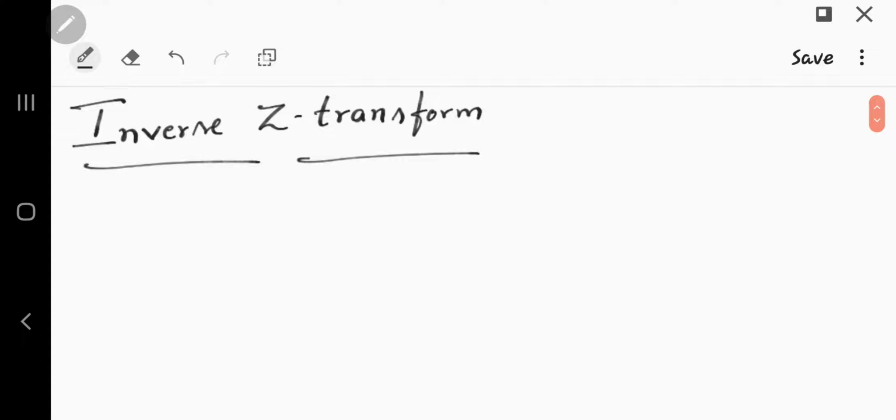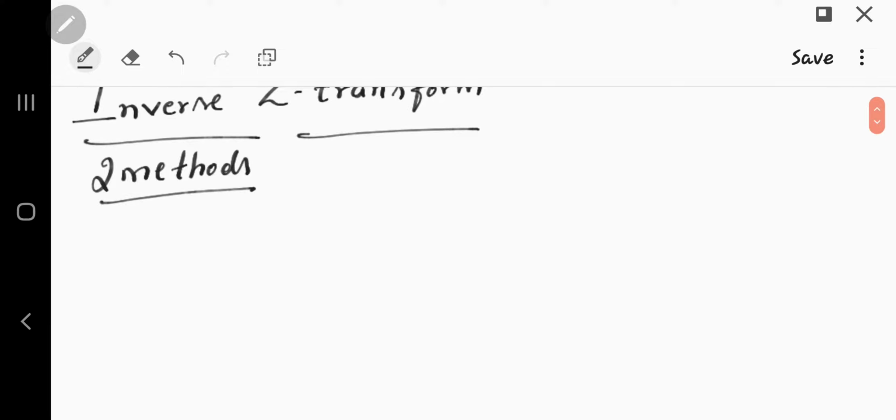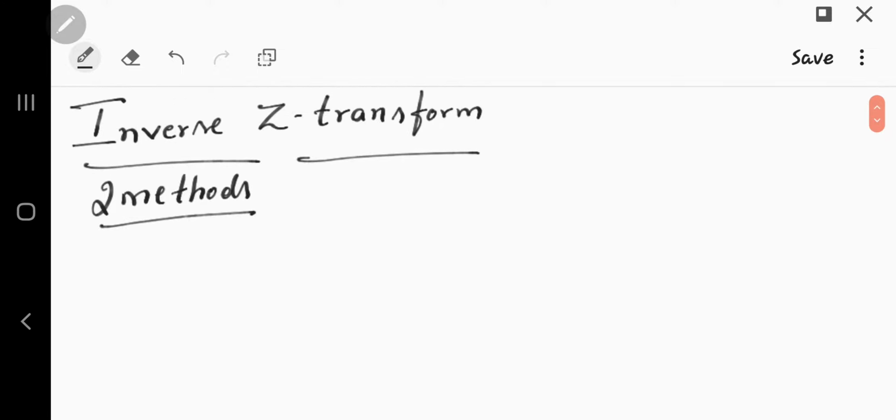Now this inverse Z transform can be found by two methods. So these are not the only methods that are available. Here we are using these two methods which can be used to find the inverse Z transform.